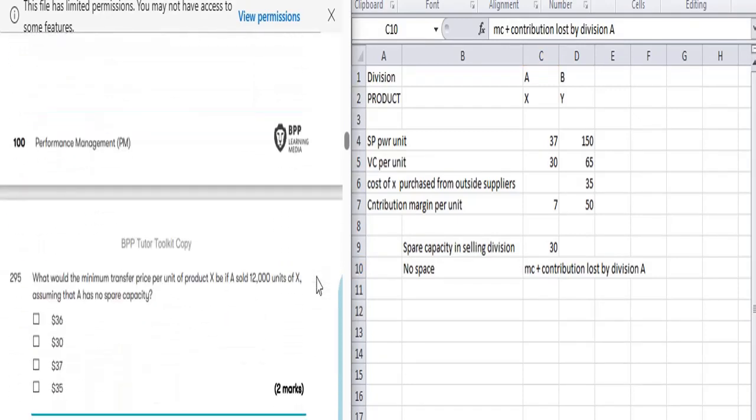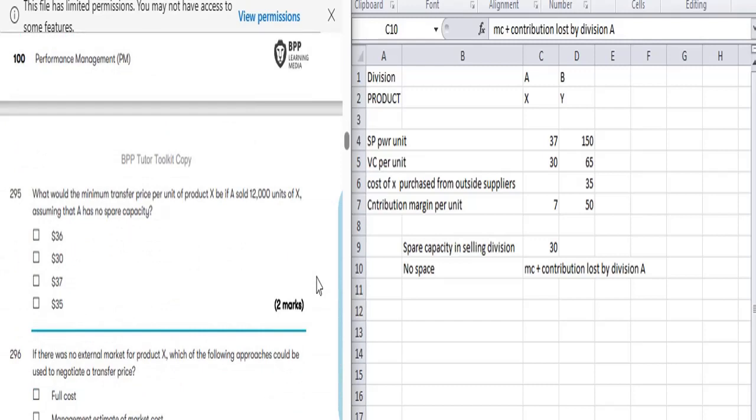Moving ahead, the next question is: what would be the minimum transfer price per unit of product X to B if A sold 12,000 units of X, assuming it has no spare capacity? So now the no spare capacity question has come, and it will be more clear.